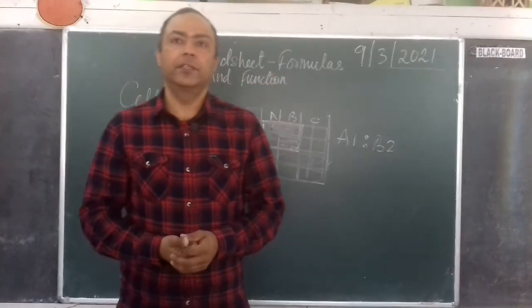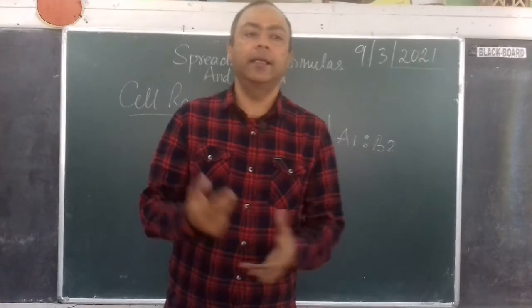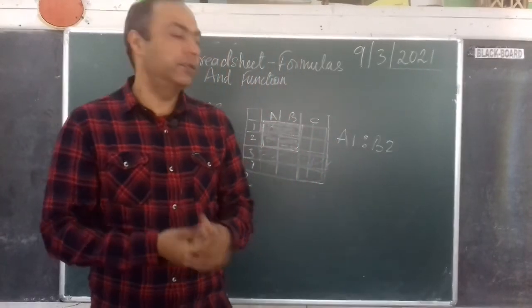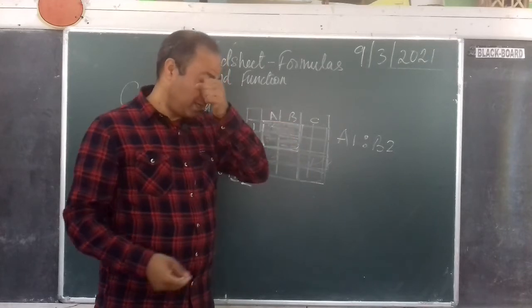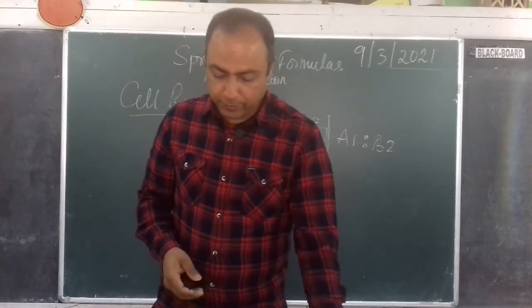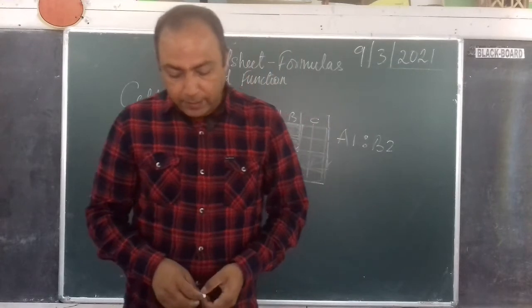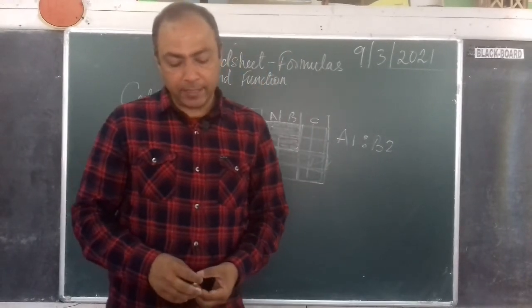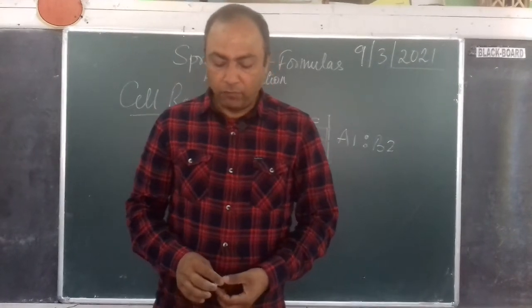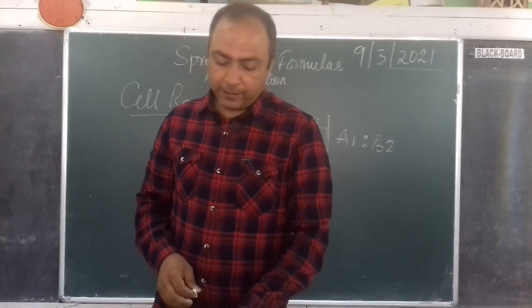Selecting and naming the range. So we can select and name the range. Selecting can be done, and we can also give a name to this particular block. Now how can we do this? As shown in figure 10, when you select a range of cells, the range appears as the name of the first cell followed by a colon and then the last cell.